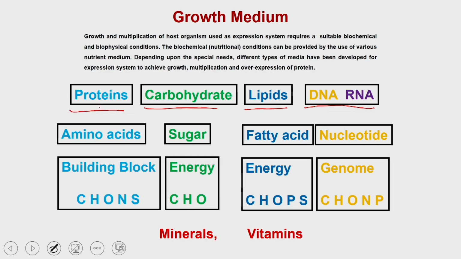Protein is made up of amino acids, and the amino acids are considered the building blocks, and the amino acids are made up of atoms which are mostly carbon, hydrogen, oxygen, nitrogen and sulfur, which means you need to provide nutrients which can provide all these atoms, so that the organism will use these atoms to first produce the amino acids, and then these amino acids link to each other to produce the protein.